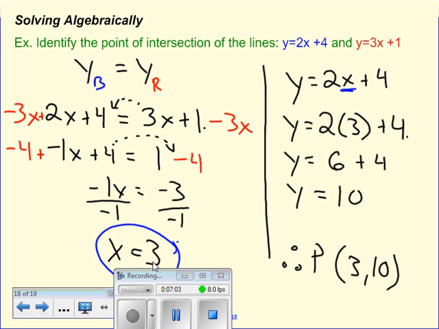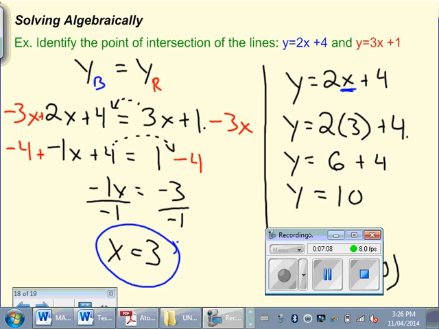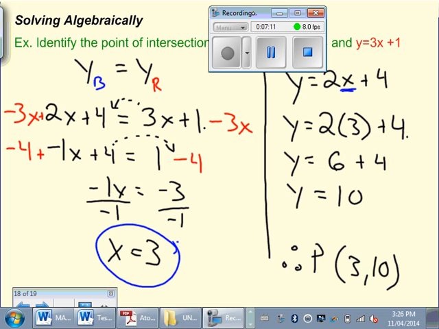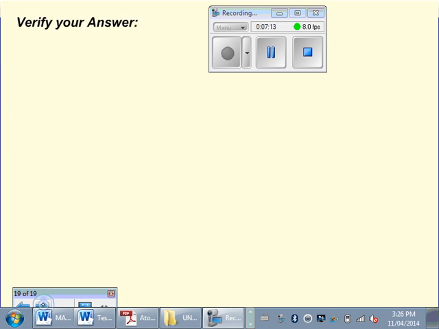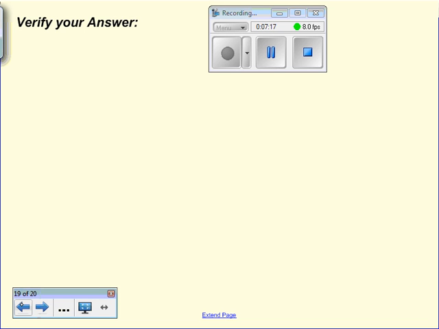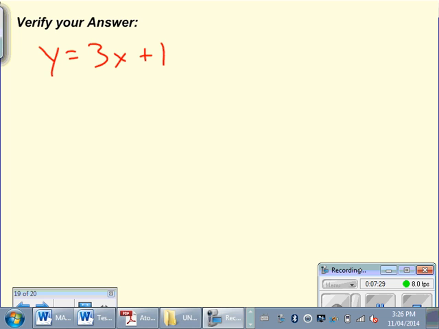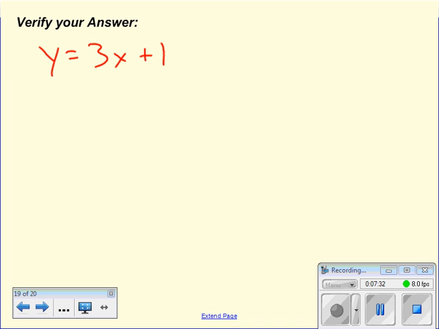I can now verify this by substituting this point into the other equation. So my red equation was y is equal to 3x plus 1. I'm going to sub in 3 and 10 and see if I get a true statement.